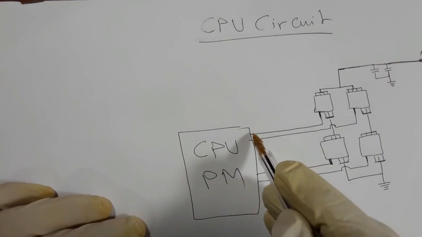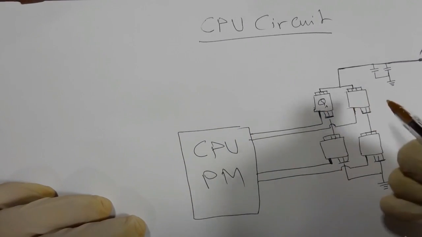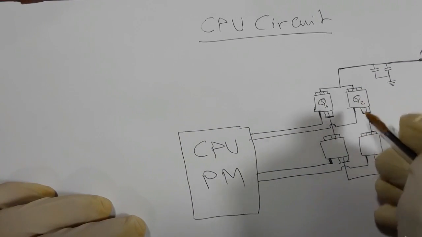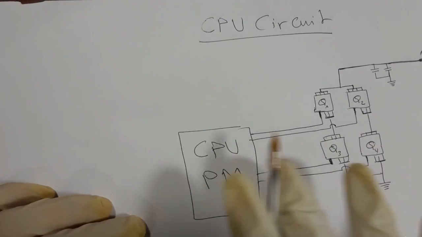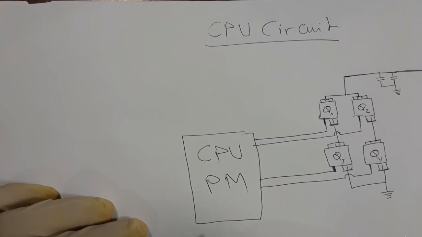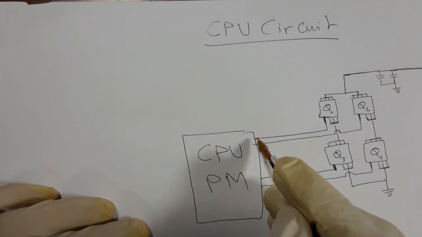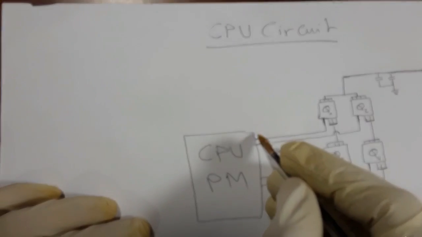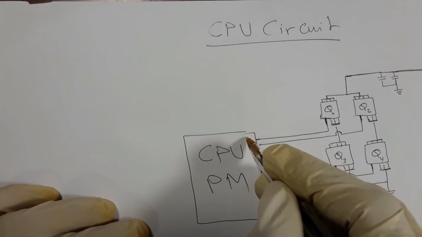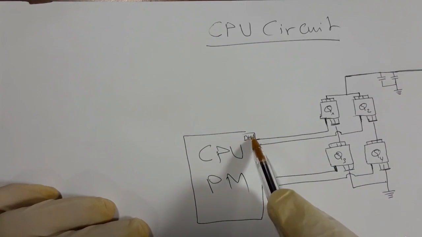Normally, the name of the signal here, let's assume that here we have the Q1. Here we have the Q2, Q3, and Q4. This is the first channel, as you can see here. The name of this gate is DH1, drive high 1.